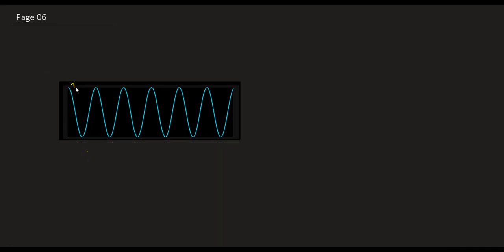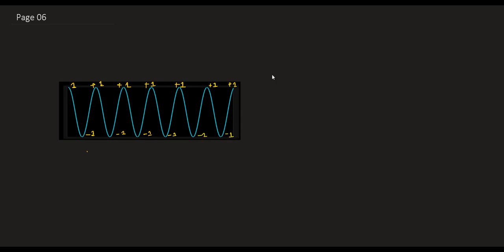Now, just to make things clear, because this is the core foundation for DSP, I wanted to write another example with the sine wave. I have plus one as the max value, and the minimum value is minus one.